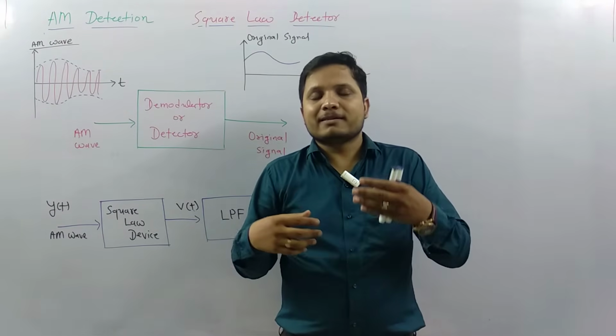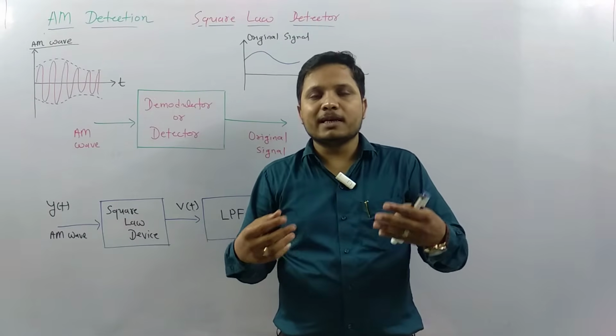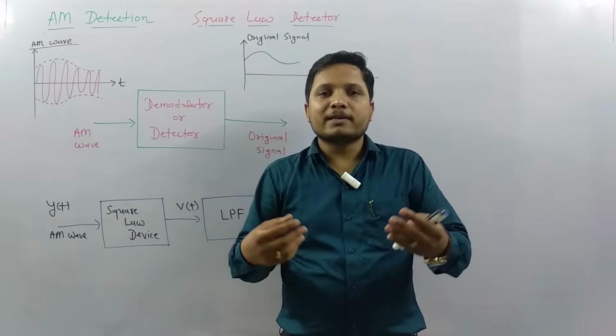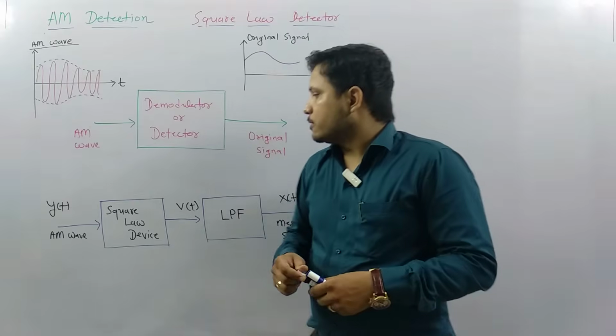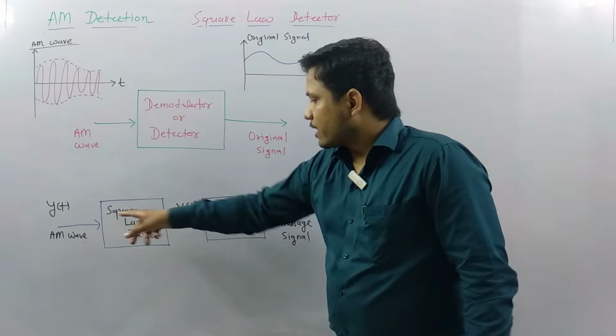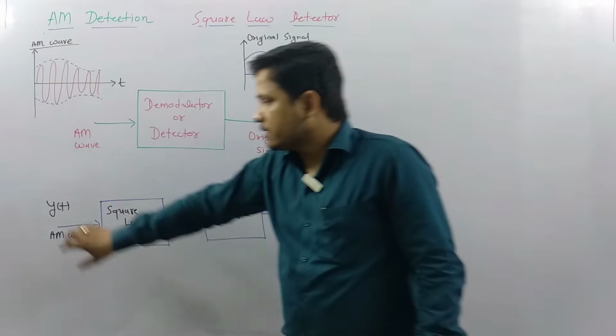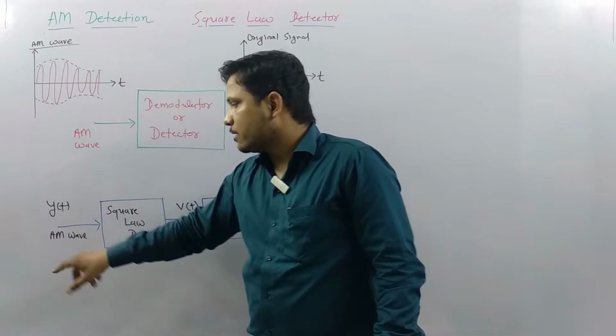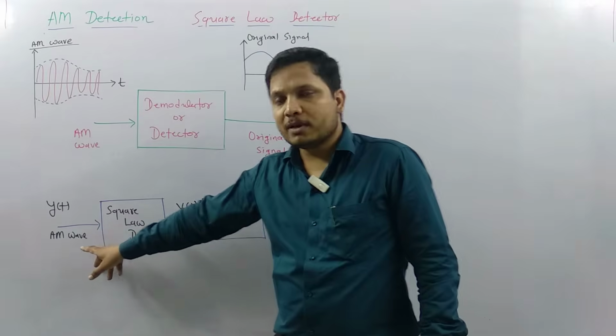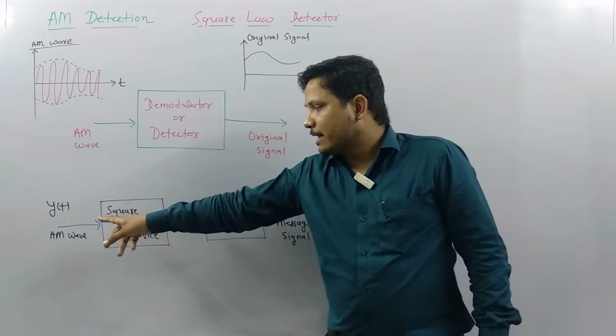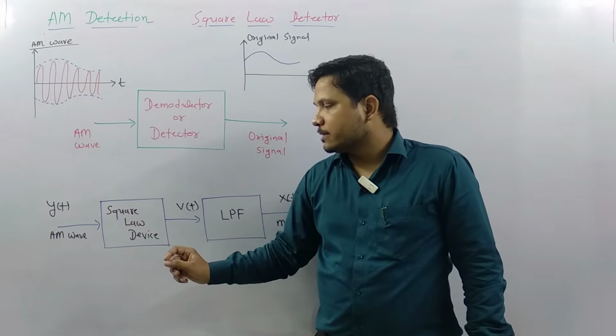First of all, let us try to understand that, and then we'll see step by step how things are happening inside. So here this is Square Law Detector basic block diagram, in which we insert input from here, that is AM wave, and then that is passing through Square Law device.